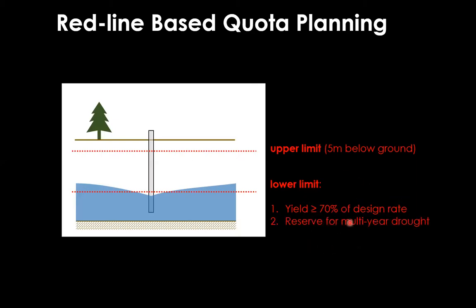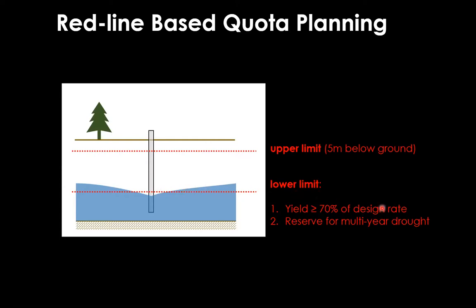Then we have a second criterion, in which we consider a groundwater reserve for buffering extreme climates, such as multiple drought years. And in this kind of extreme climate, there will be a sharp decline of the groundwater table. So we need to preserve a certain amount of aquifer storage for hedging such drought risk.